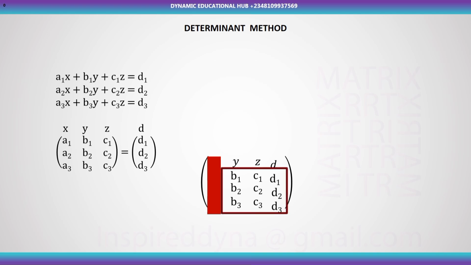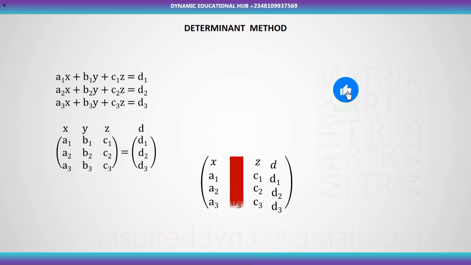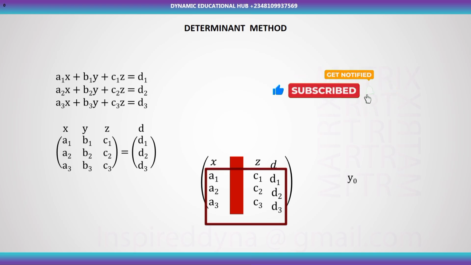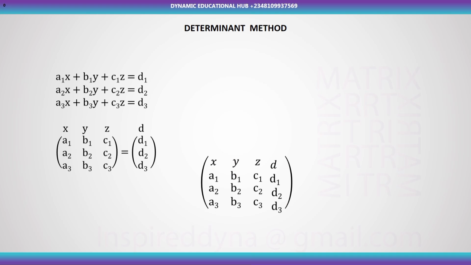This matrix as well, we call it X naught, and we can also find the determinant. The next one, we delete the Y column, we are left with this matrix. This matrix is called Y naught, and we can find the determinant. Finally, we delete the Z column, and we are left with a matrix that is called Z naught. We can also find the determinant.